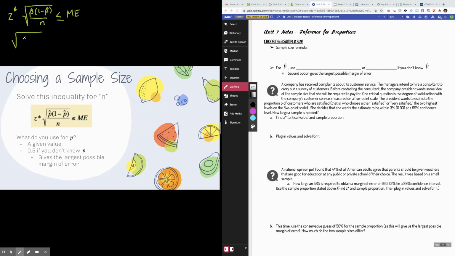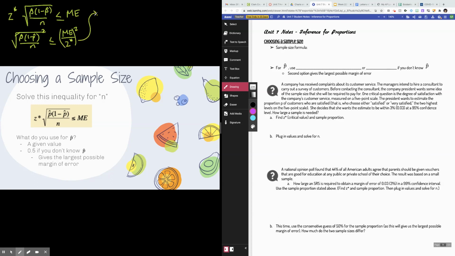So I end up with the square root of p hat (1 minus p hat) over n is less than or equal to your margin of error divided by z star. Then I'm going to square both sides to get rid of this square root. And remember, I'm squaring this whole fraction.